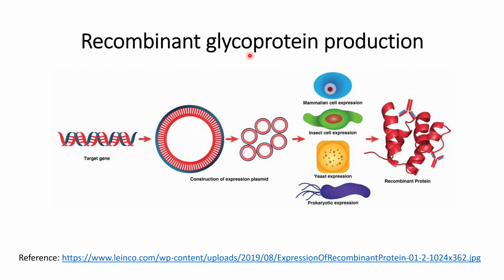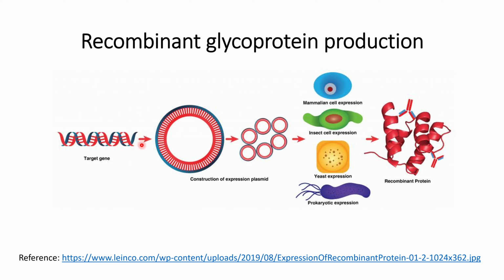Most of the therapeutic recombinant glycoproteins that are produced do not use any man-made manufacturing machine. However, they use already existent cellular machinery such as mammalian cells, insect cells, yeast cells, prokaryotic cells to produce their final recombinant protein. So things start with a target gene that can produce the therapeutic protein.